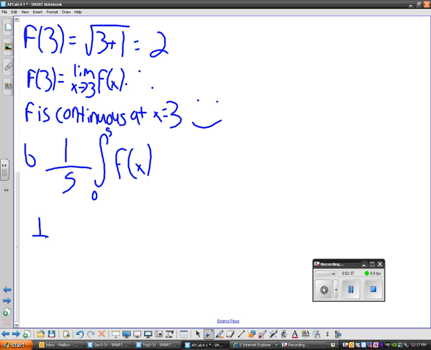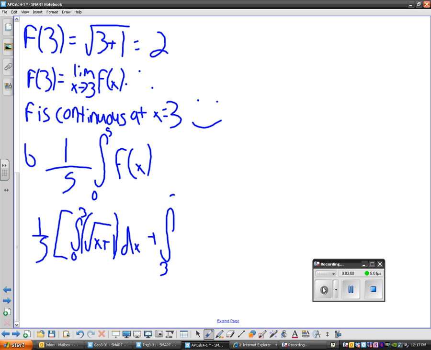So we have 1/5 times our first integral, which is from 0 to 3 of the square root of x plus 1 dx, and then we add the integral from 3 to 5 of 5 minus x dx.